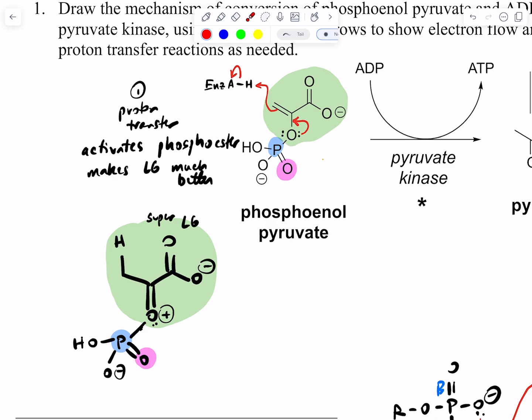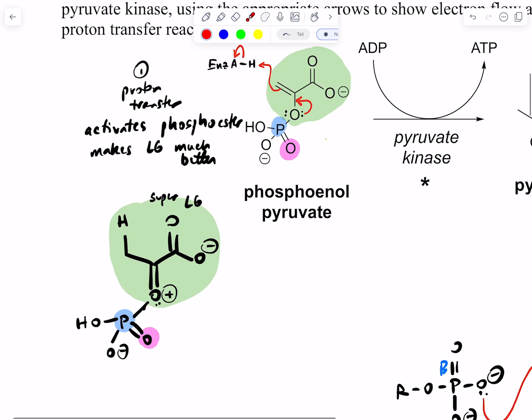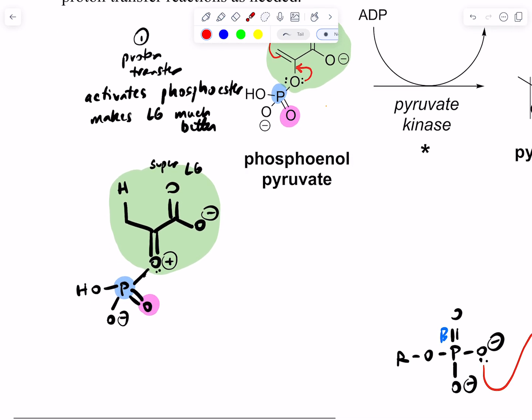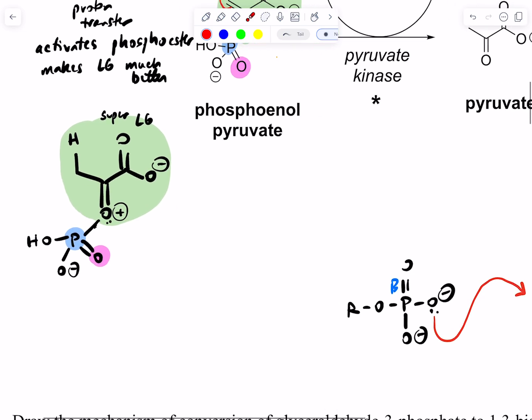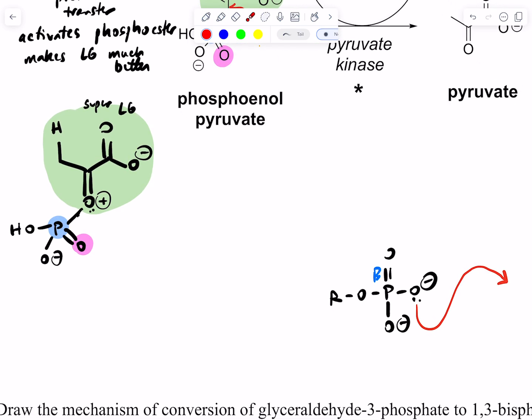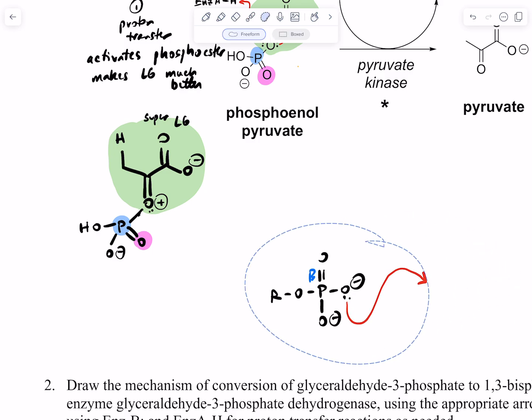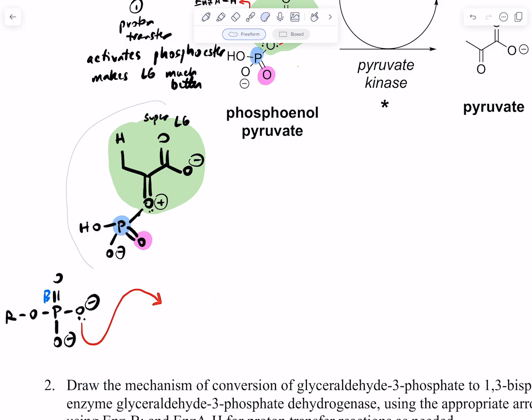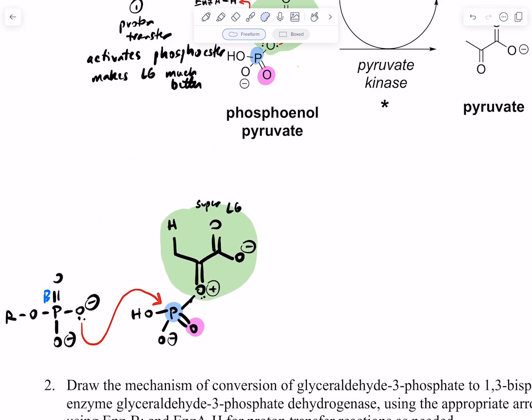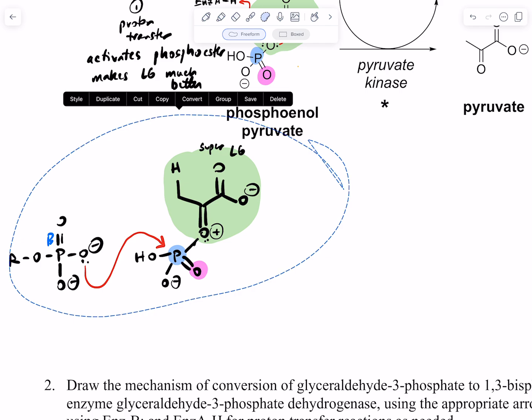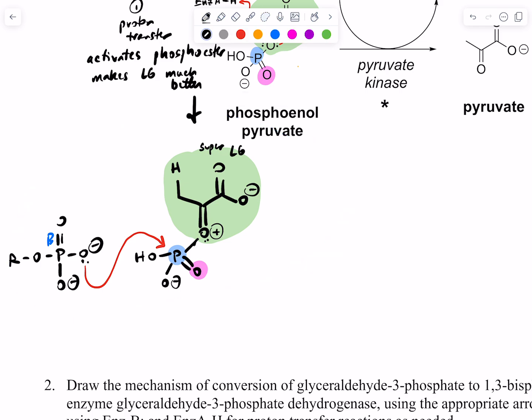Any other questions about that? Proton transfer first. Once you've got that, then we can have the resulting intermediate get attacked by ADP.